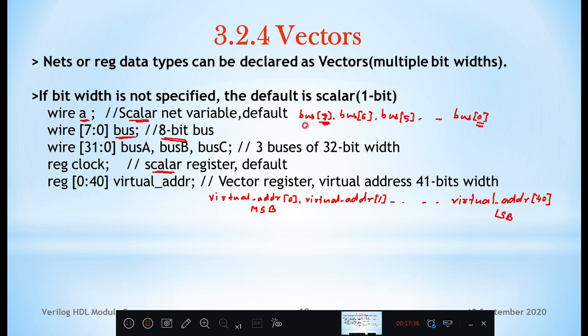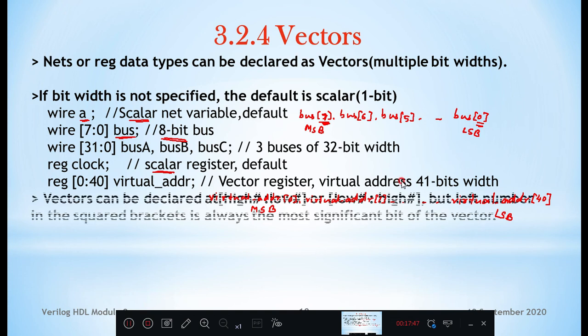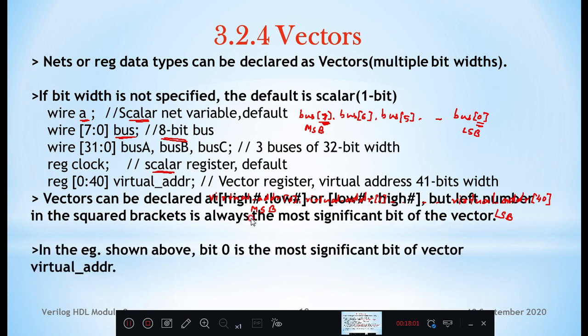Here bus 7 is treated as MSB and bus 0 is treated as LSB. Vectors can be declared as high:low or low:high, but the left number in square brackets is always the most significant bit of the vector. In the example shown above, bit 0 is the most significant bit of the vector virtual address. So here bit 0 is the MSB in this declaration.